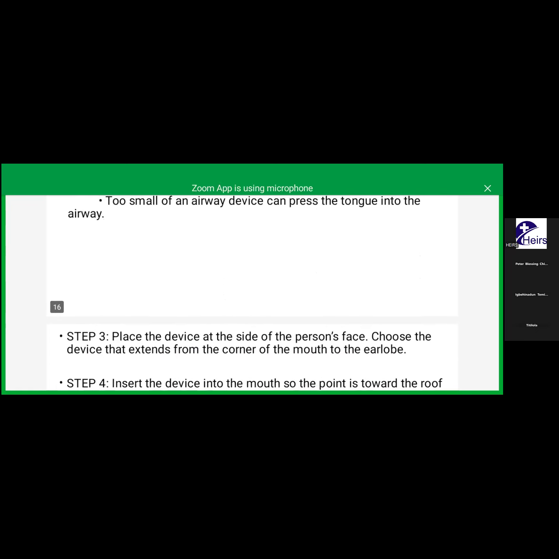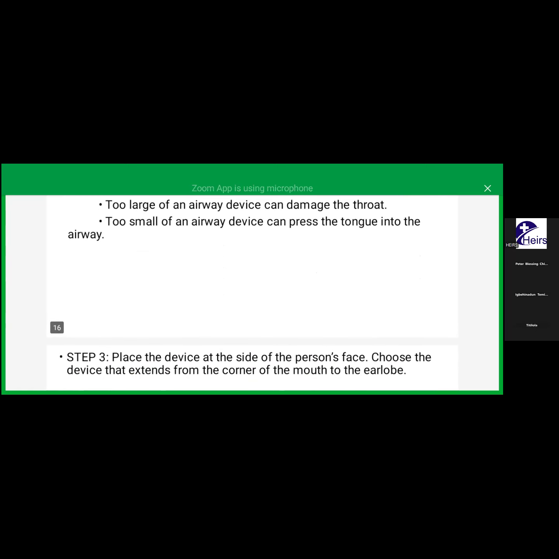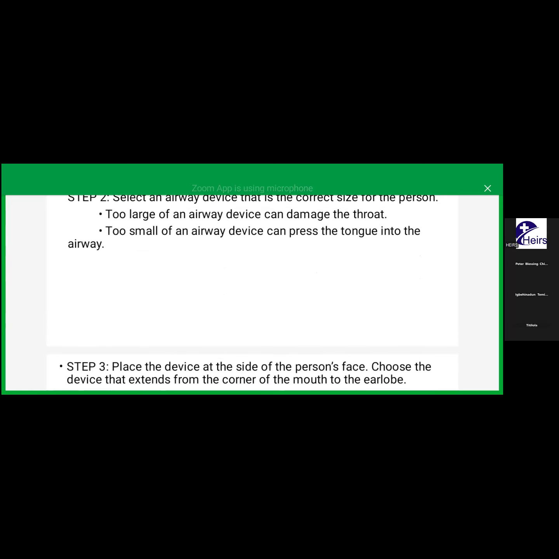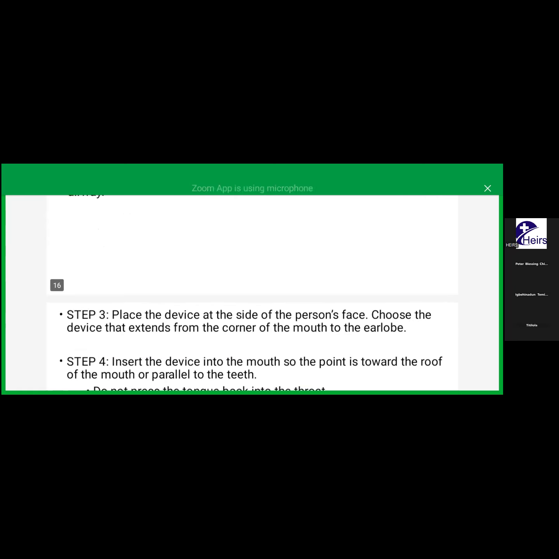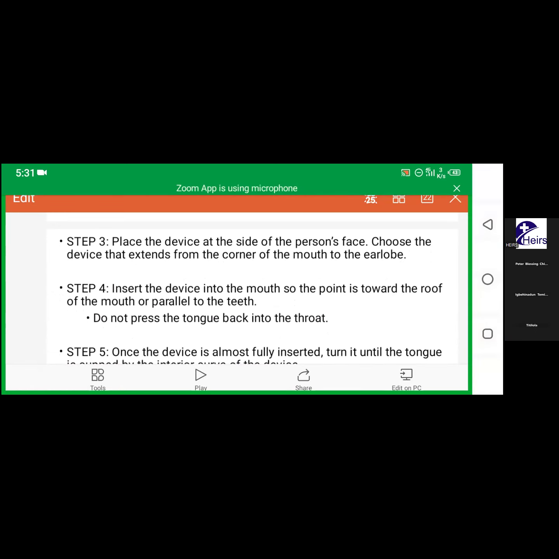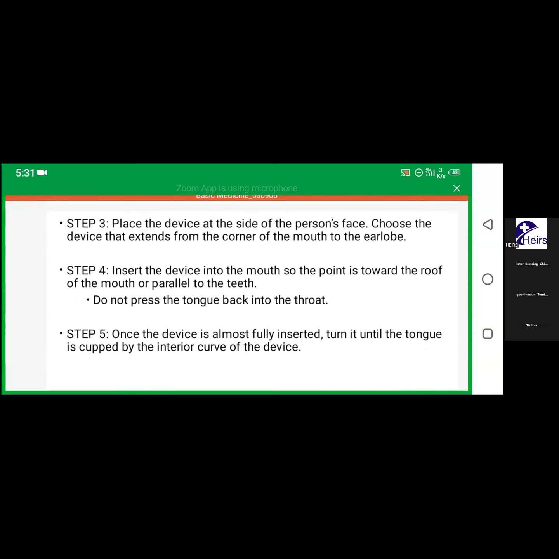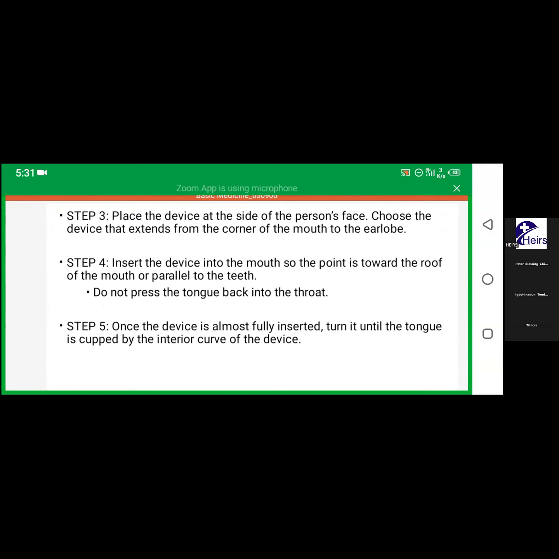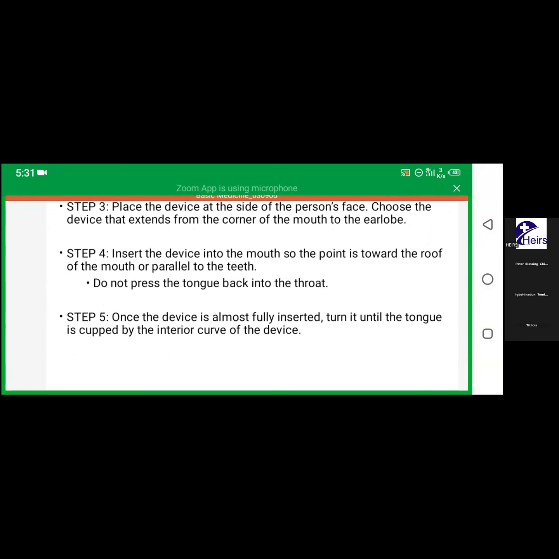We measure it by placing the device from the angle of the mouth to the earlobe. Whichever one extends from the angle of the mouth to the earlobe is likely to be the size of the patient.